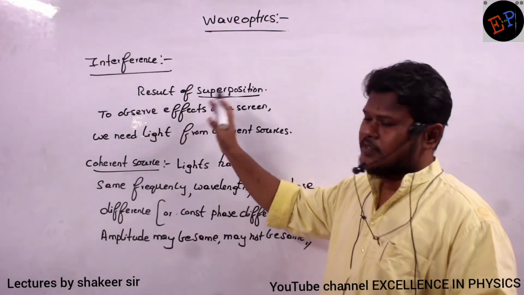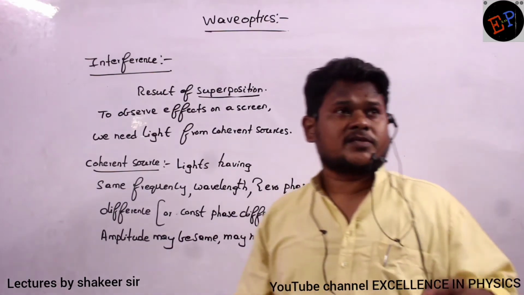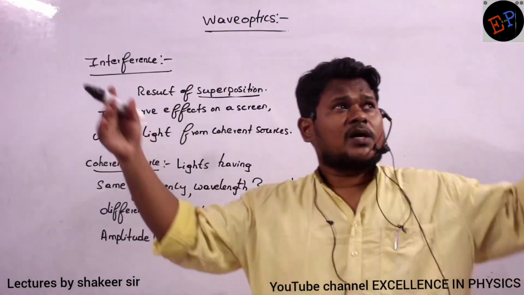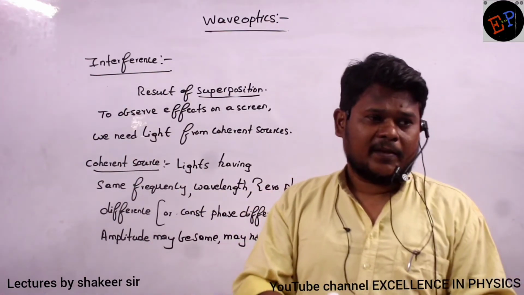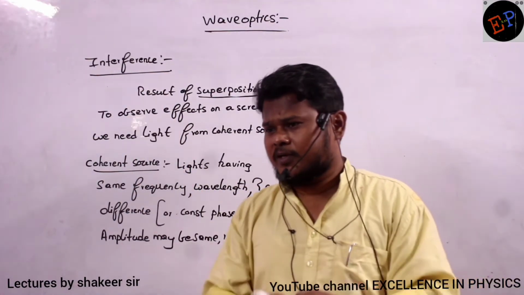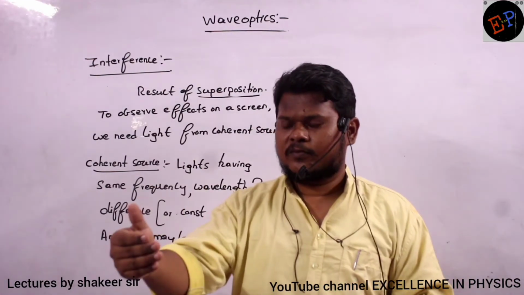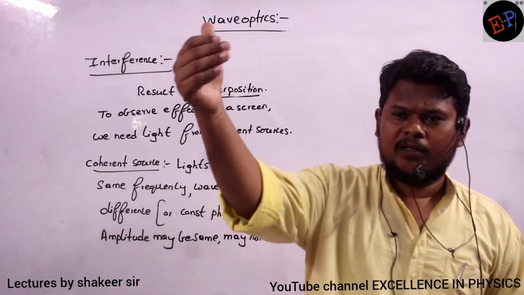And interference is not possible with any two types of light sources. For example, this is a source of light, and this is a source of light. Are these two interfering? The lights may be superposing, but the interference effect you cannot see. What is the reason? Interference effect means formation of a bright band, followed by a dark band, followed by a bright band, followed by a dark band.